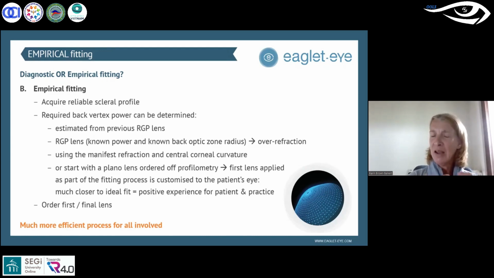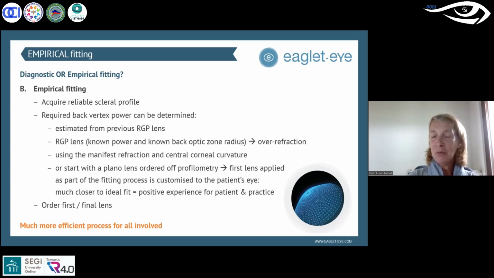A lot of the time, if you have a complicated eye and you don't know the power, it's a trial lens specifically made for this patient. Even if you have to order one and then do your over refraction, you've got a custom-made trial lens for this patient's eye. So start with the plano lens, ordered off the profilometry.